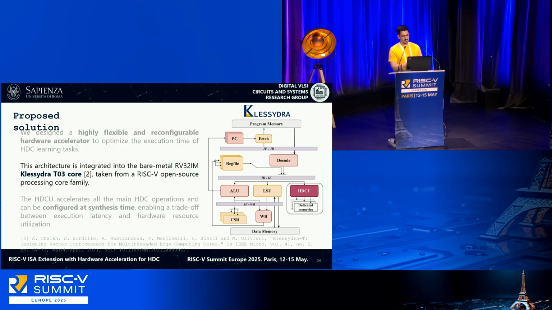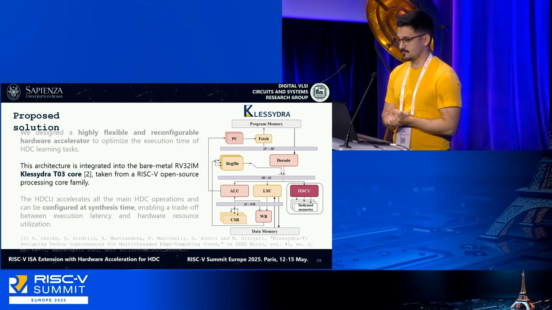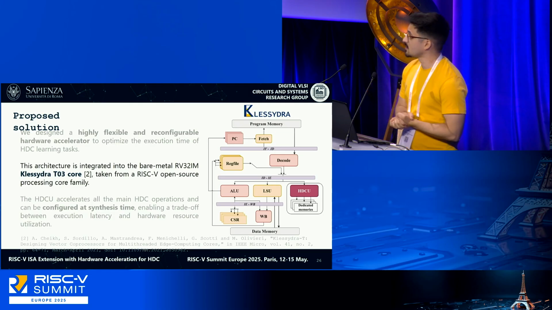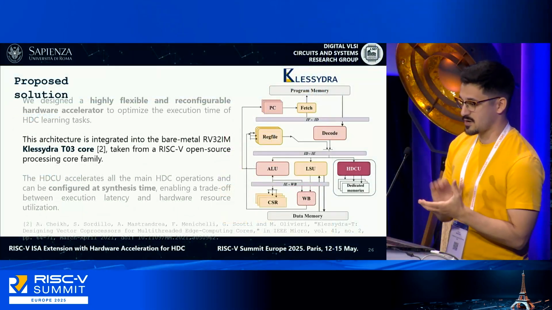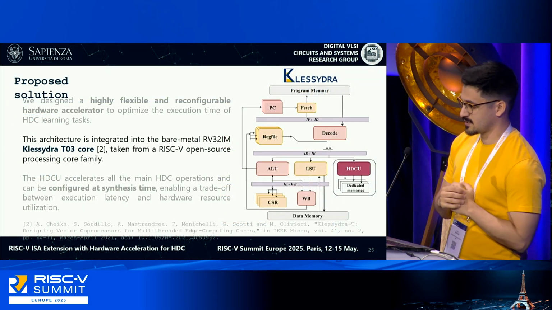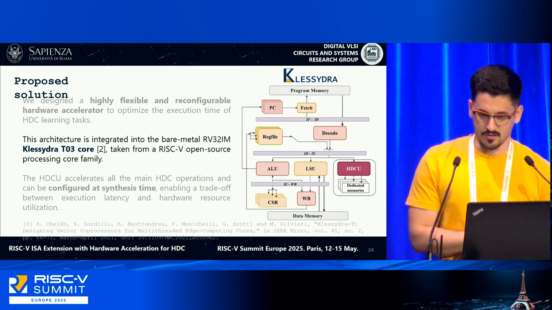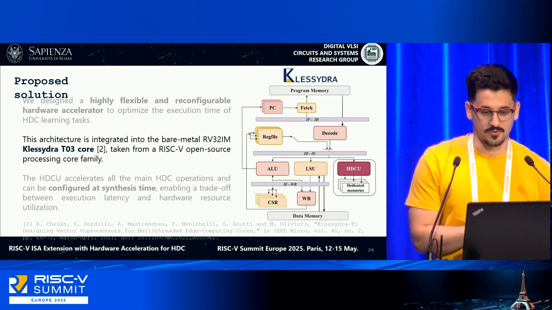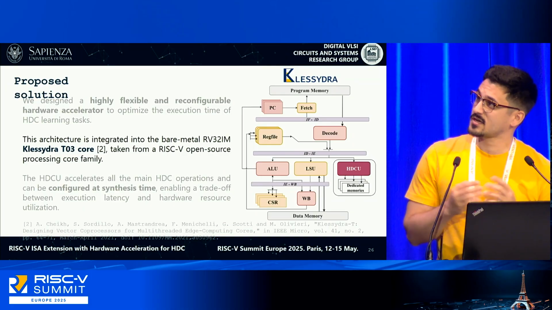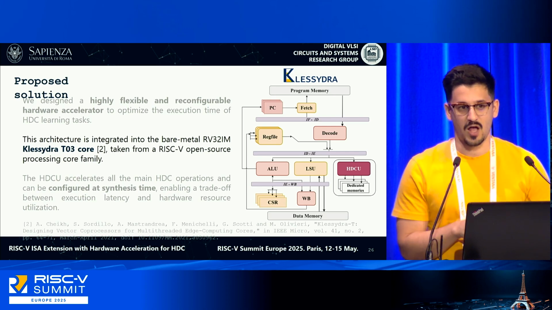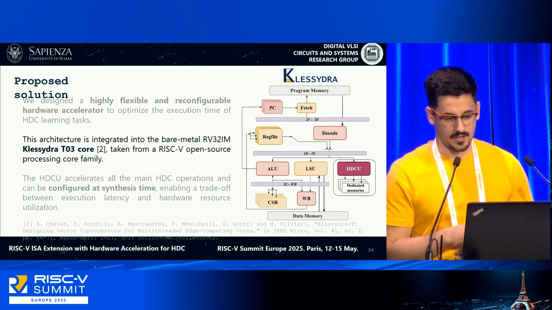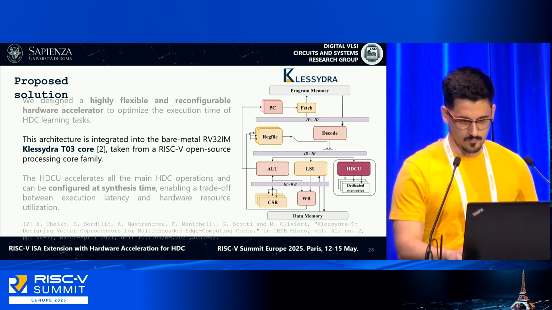Specifically, we integrate our design into the execution stage of the Klessydra-T03 core, which is a 32-bit RISC-V open-source 4-stage pipelined processor developed in the Digital VLSI laboratory at Sapienza University. And this is a core signal-to-signal compatible with the PULP platform developed by ETH Zurich.